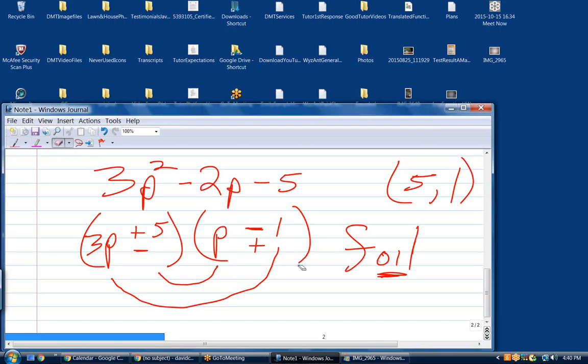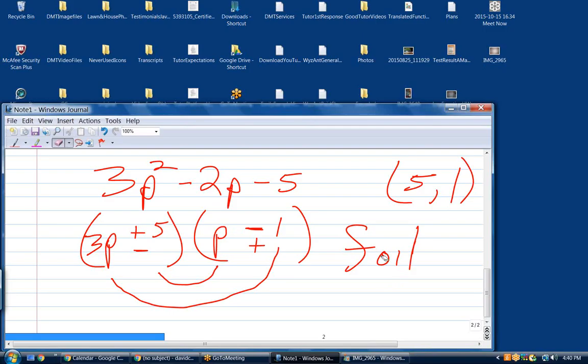In other words, when you multiply two binomials together, that's the way you do it. You multiply 3p times p, then you do the outside, 3p times minus 1, then you do the inside, 5 times p, and then you do the last, 5 times minus 1.